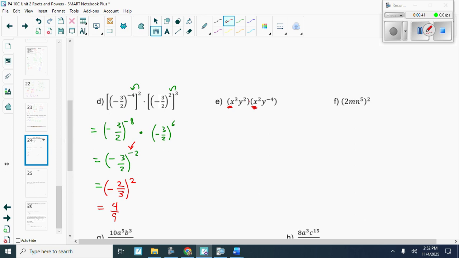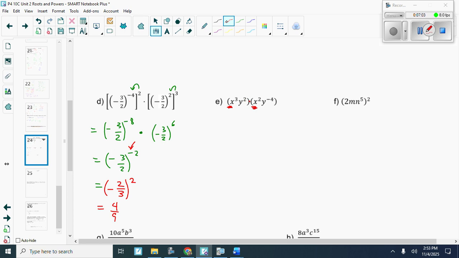You know that in between all these brackets there's an understood multiplication sign, so all of these terms are being multiplied together: x cubed times y squared times x squared times y to the -4.